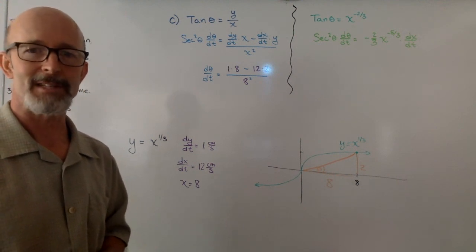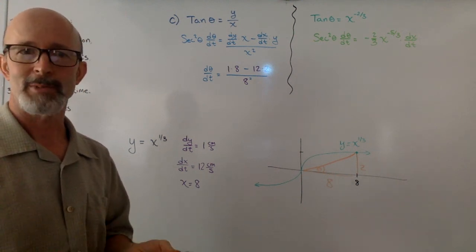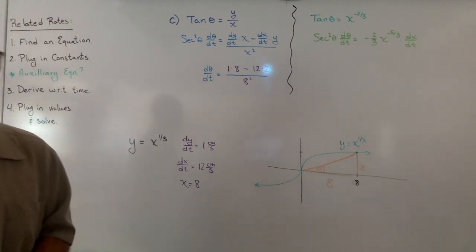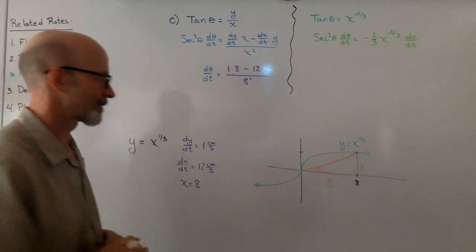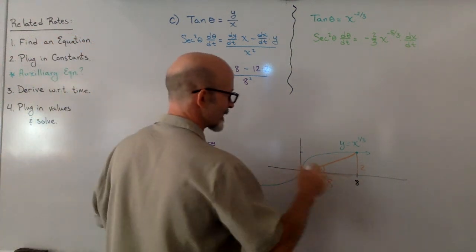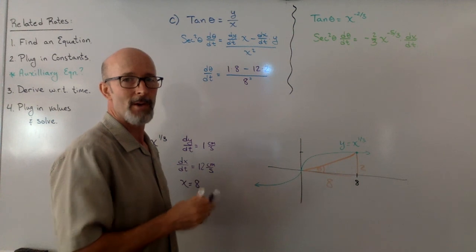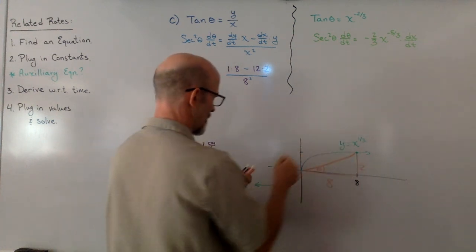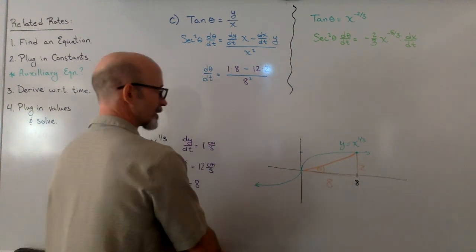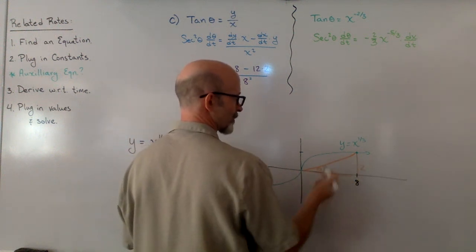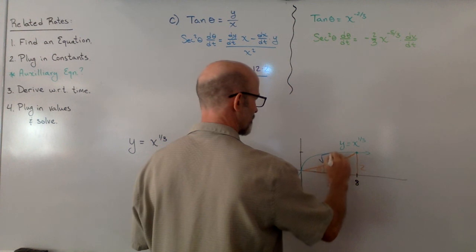But wouldn't it be much easier just to use some good old SOHCAHTOA? Look, secant is the reciprocal of cosine. Cosine should be the adjacent over the hypotenuse. So if you happen to know the x and the y coordinate, I bet you could determine with a little bit of work the hypotenuse with the Pythagorean theorem.